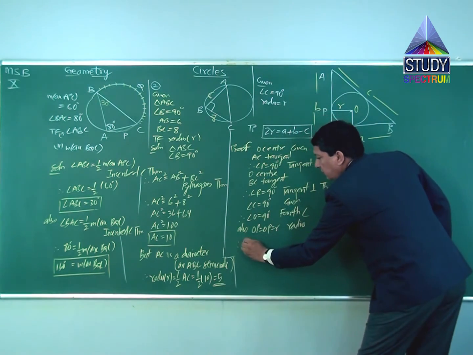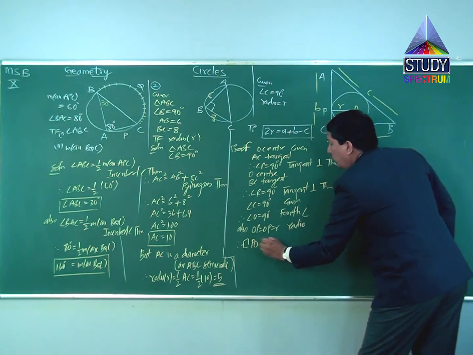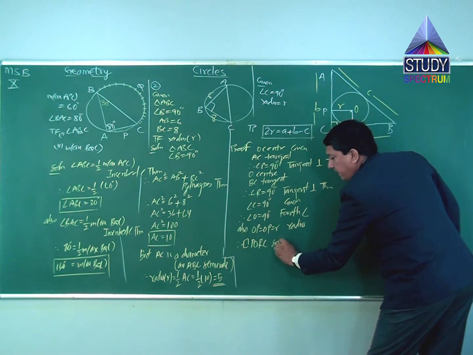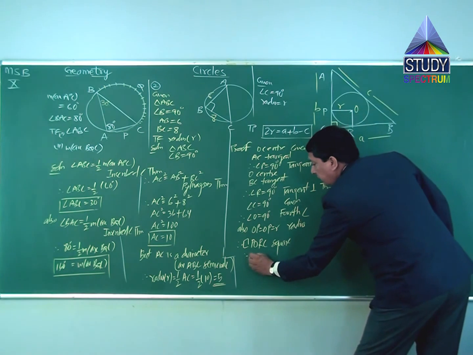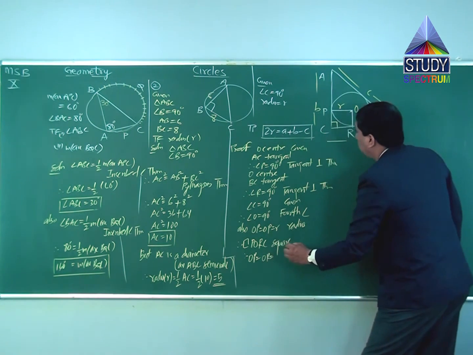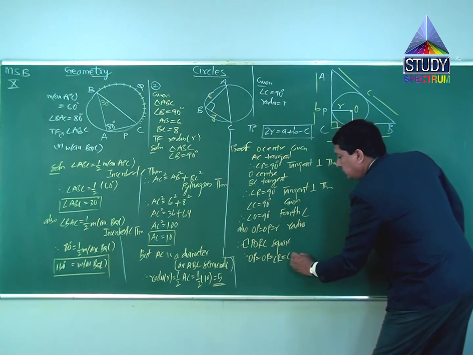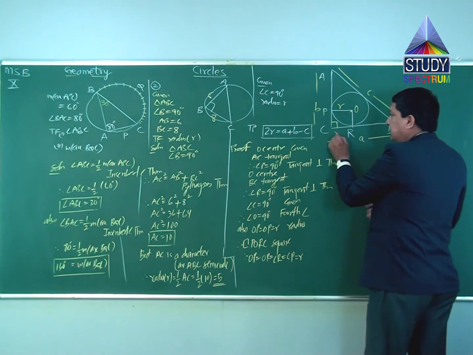Therefore, quadrilateral PORC becomes a square. Square means all sides equal. Therefore, OP is equal to OR is equal to CR is equal to CP, that is equal to R. All sides are R.